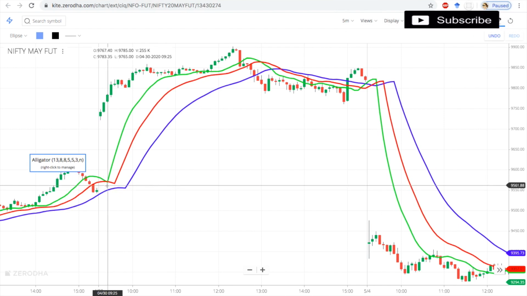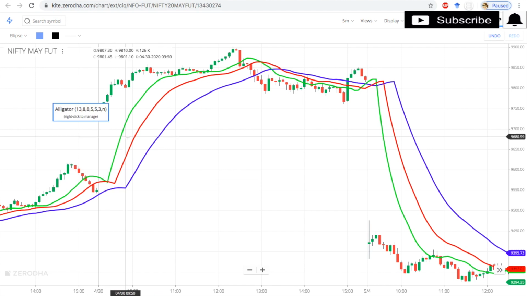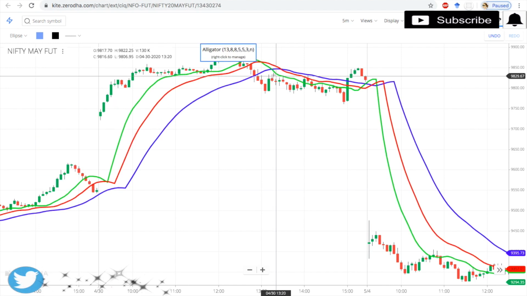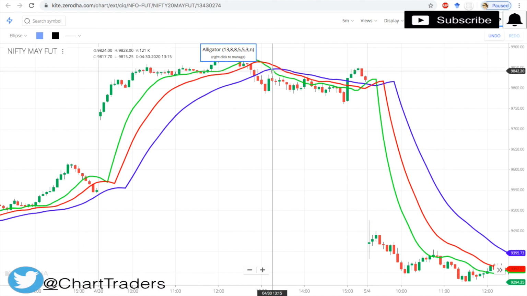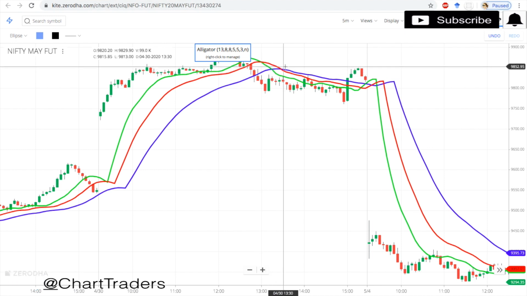So this is your entry point when your lips line closes above your teeth line and jaw line. In the same way you can take a sell entry when your lips line crosses below your jaw line and teeth line.